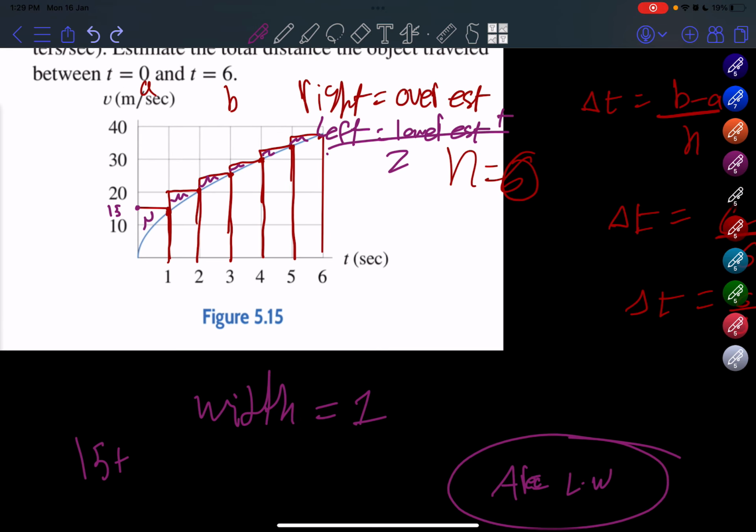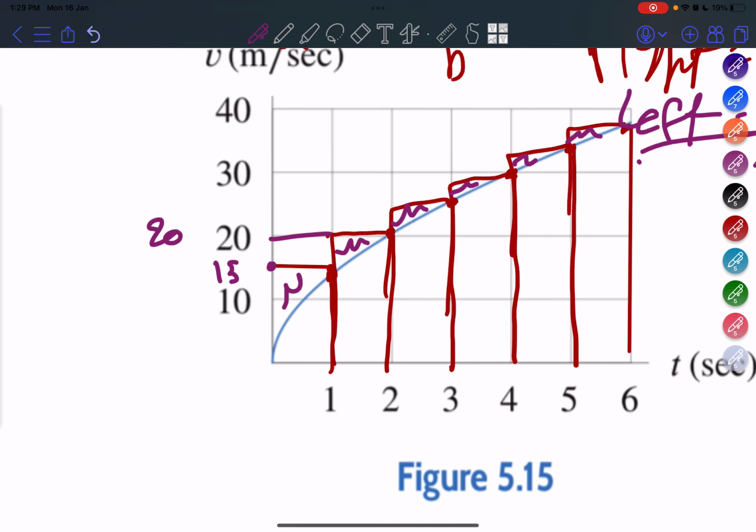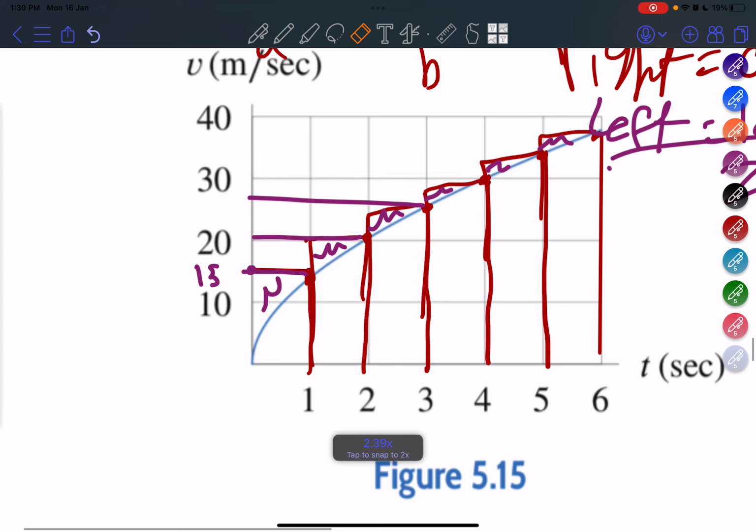So let's continue. So this is 15, this is 20, this is actually, never mind. Yeah, this will be 15, this will be 20, this will be 35, and this will be, wait, I can see. Okay, let me just move all of the things.